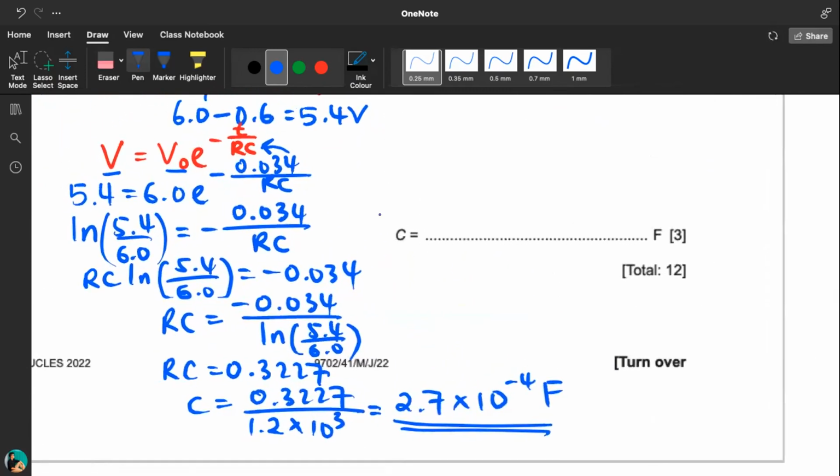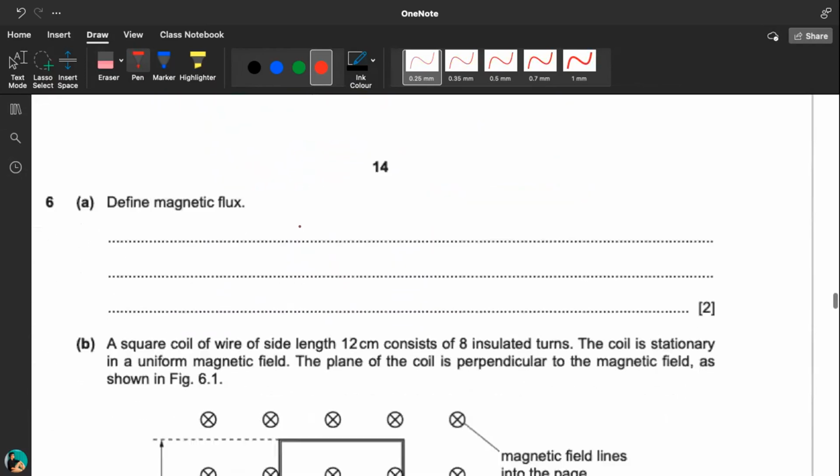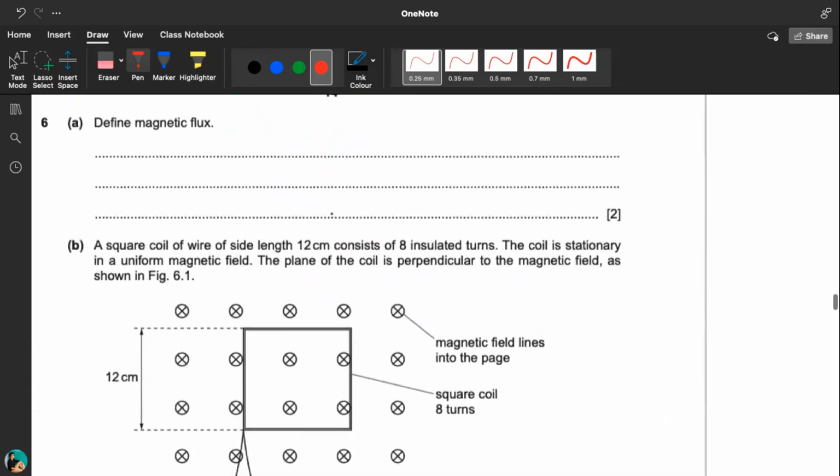Okay, now, let's finish up one more question, question 6. 6A, define magnetic flux.